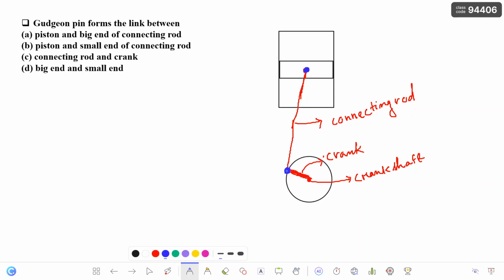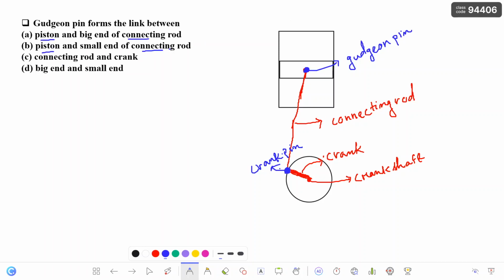This is called the gudgeon pin, and this is called the crank pin. So we got to know that the gudgeon pin connects the piston and a connecting rod. Whether that is the small end or the big end, we'll see.